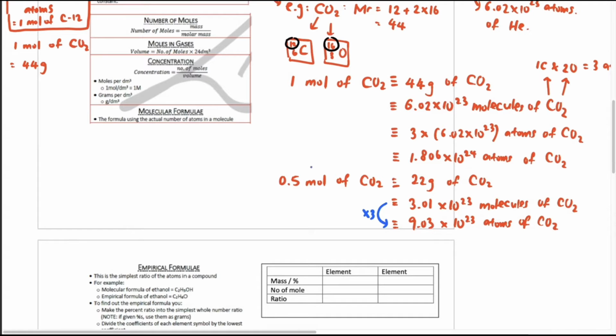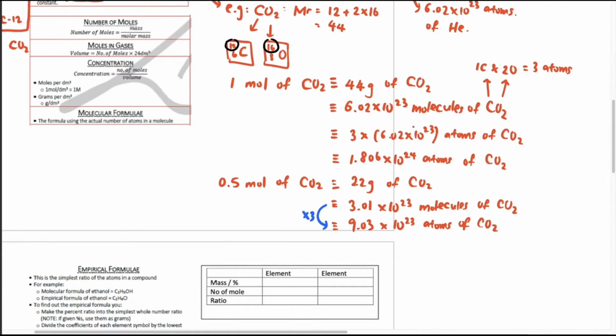Okay, sir. Okay, so let's come back to this part. The convenient way to find out the number of moles is to take the number of moles equal to mass over molar mass. So let's say, for example, how to use this formula. If I have 22 grams of carbon dioxide, I want to find out the mole.